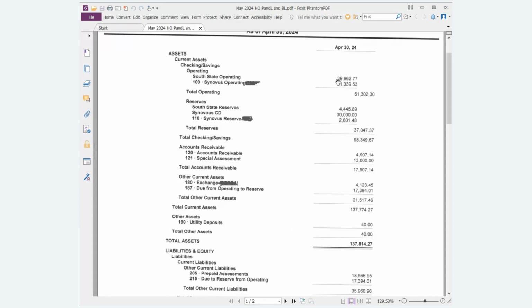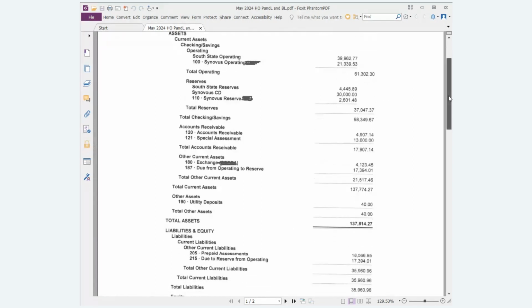These would be checking accounts with a total for operating. And then the reserves. These would be a savings, a CD, and then another savings, for a total of $98,349 for both the operating checking accounts and the reserve savings accounts.